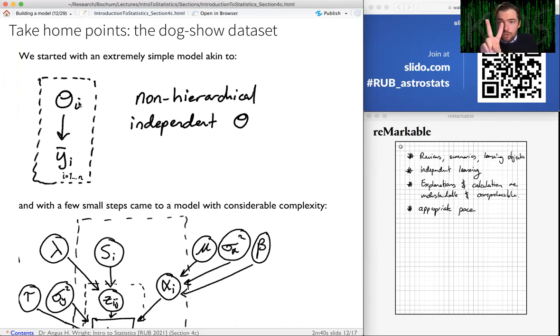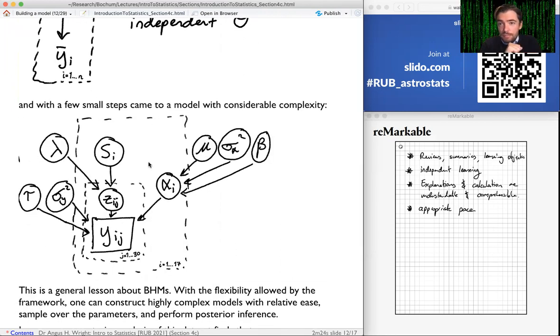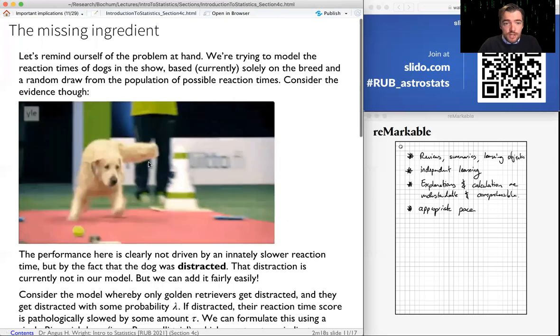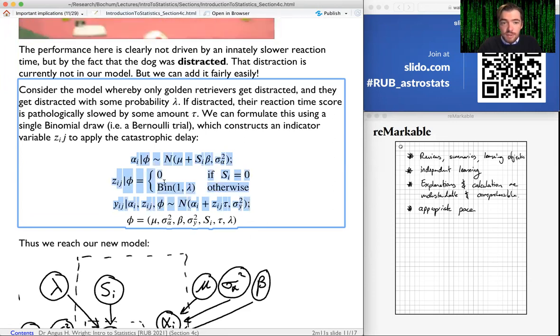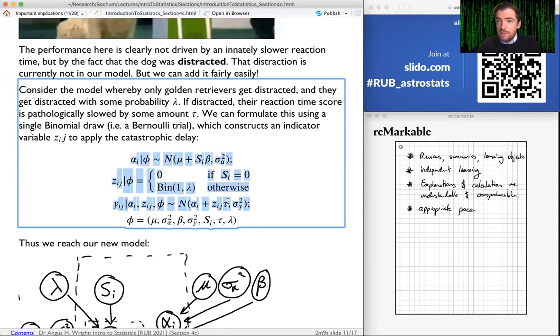And with two steps, golden retrievers have some genetic delay, and golden retrievers get pathologically distracted sometimes, we went from this model at the top to this model at the bottom. Coding this Bayesian hierarchical model up is essentially as easy as writing these 3 lines in computer code: just an if statement and a couple of draws from a distribution.